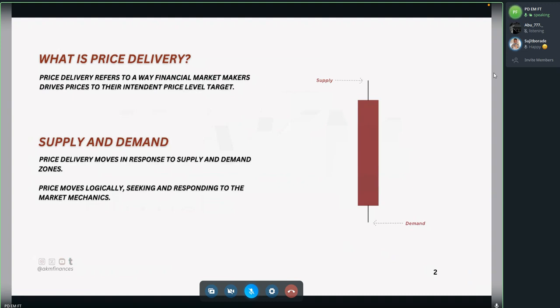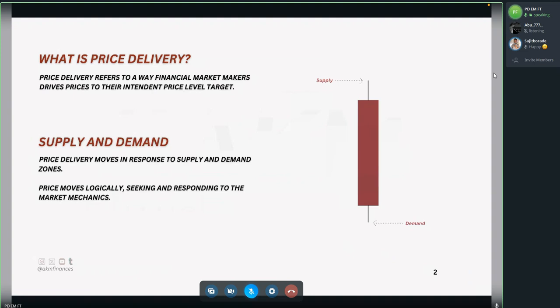Now, the top of any candle represents supply and the bottom of any candle is demand, in any time frame, and price moves logically.